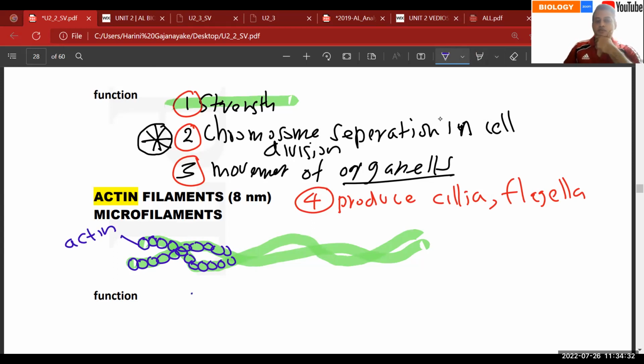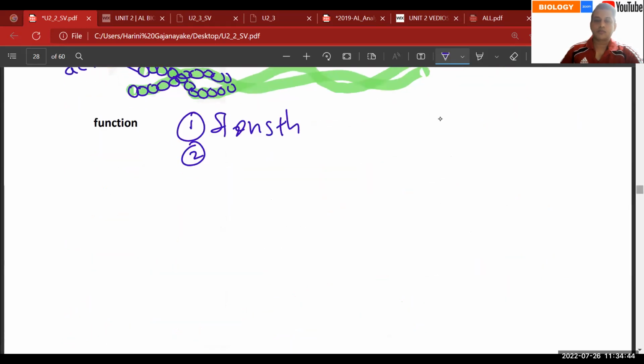So actin filament function again, strength to the cell. Second one, it makes muscle contraction; it's important in muscle contraction.